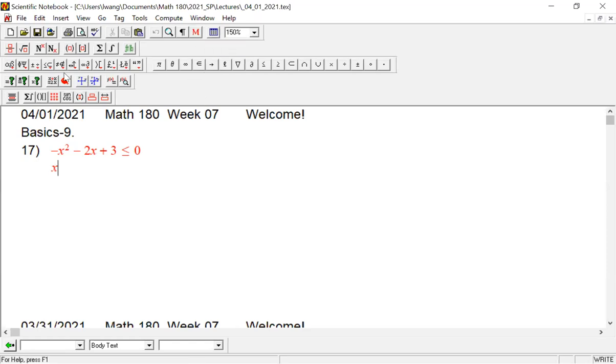So that way I will get x squared plus 2x minus 3, and because I multiply both sides by -1, this becomes greater than or equal to 0. And then, of course, you know what to do for the rest of solving these inequalities. So far, so good?